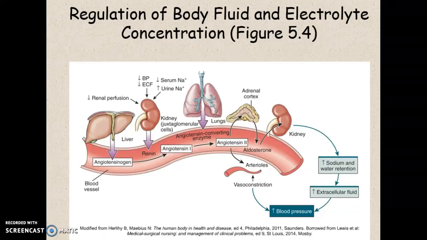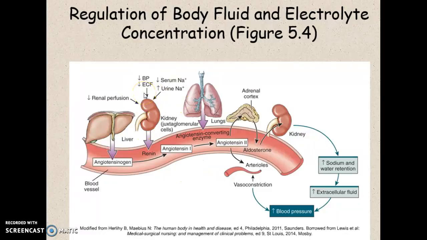So you will want to spend some time on this figure, figure 5.4. This figure shows the different places in the body where the renin-angiotensin-aldosterone system works, and how it is a cyclic reaction. And in this case, we're going to start at the kidneys.